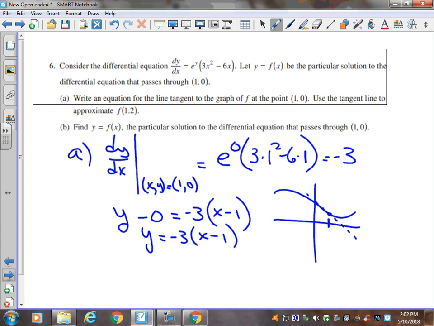I'm looking at the tangent line in the second part of this question. But over here at 1, it would be really close. It wouldn't be that much different. Does that make sense? So what they're saying is that if you find the slope of the tangent line at that point, we can approximate the original function, because the tangent line of this line is almost identical to the tangent line of that one.